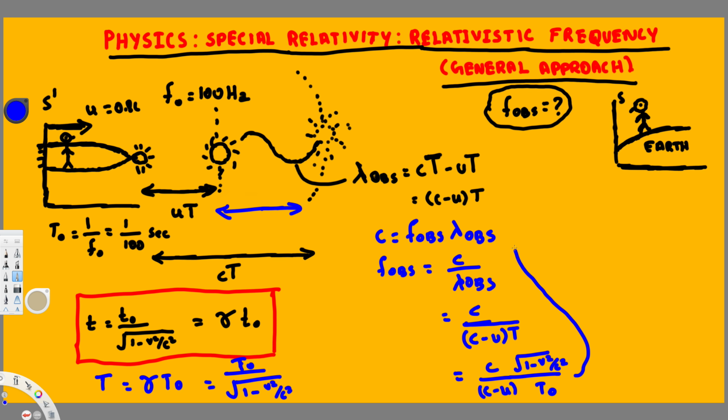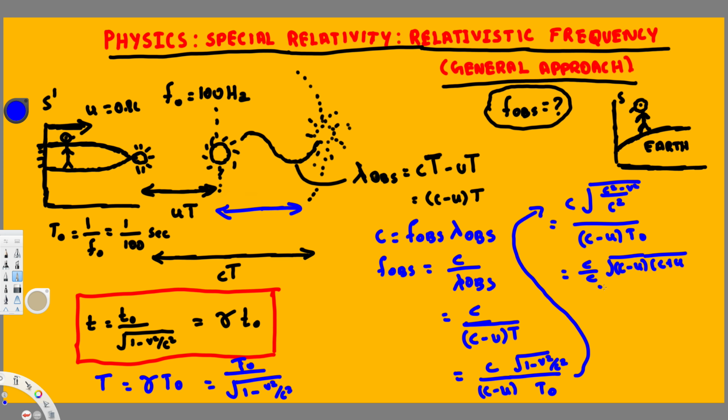Now let's rearrange this one and get a better equation. Here we can take the c square common. If I take the c square common, this is going to be c square minus v square over c minus u times t naught. Now I can take this c square in the bottom outside, so this is going to be c over the square root of c square minus v square. I can write this as c minus u times c plus u, right? And in the bottom we have c minus u.